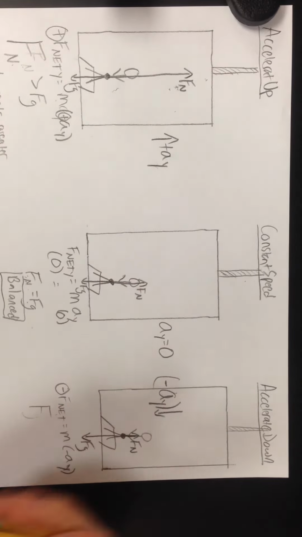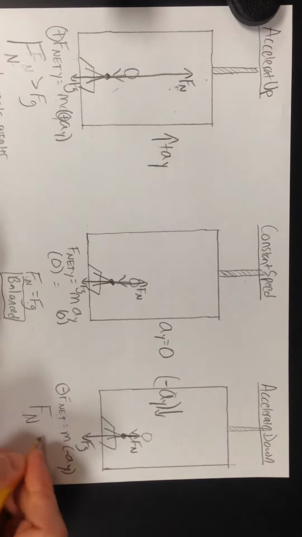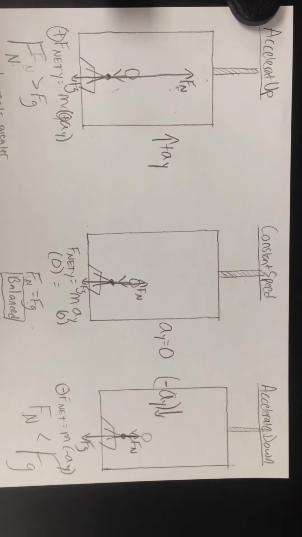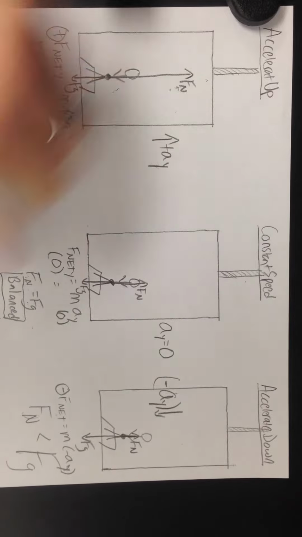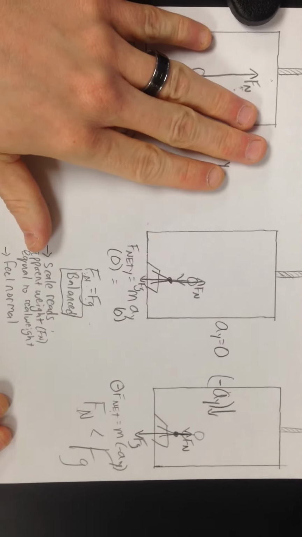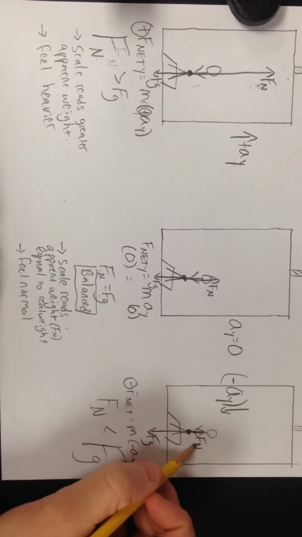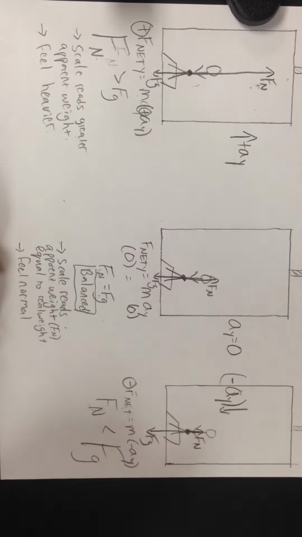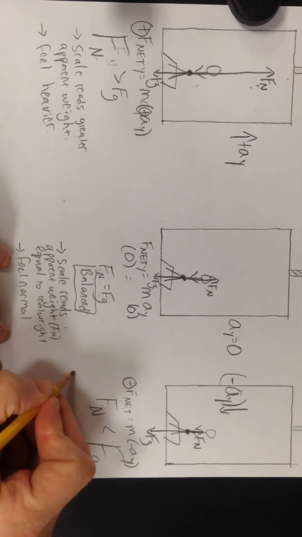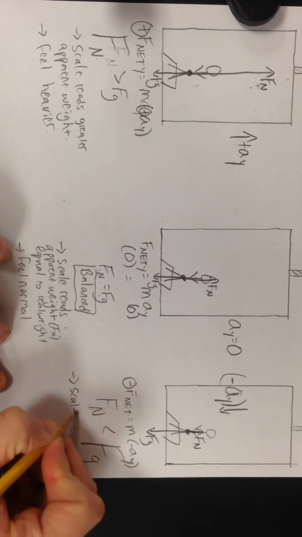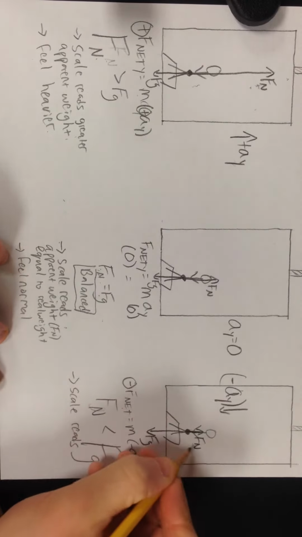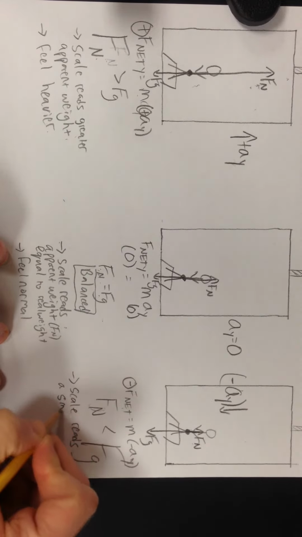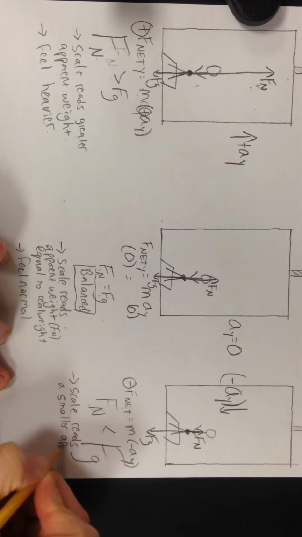Let's keep writing Fn on the other side. This time Fg needs to be greater than Fn, right? And what do you feel in this situation where Fn shrinks to kind of allow you to slow down and get that negative acceleration? What does the scale read? Scale's always reading Fn, so it reads a smaller apparent weight.